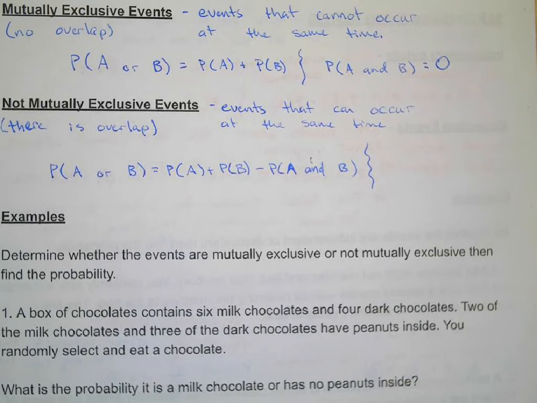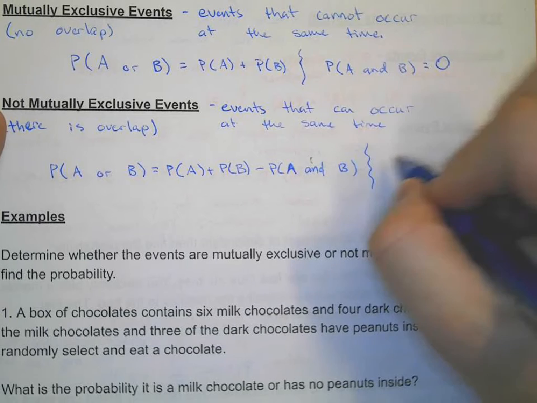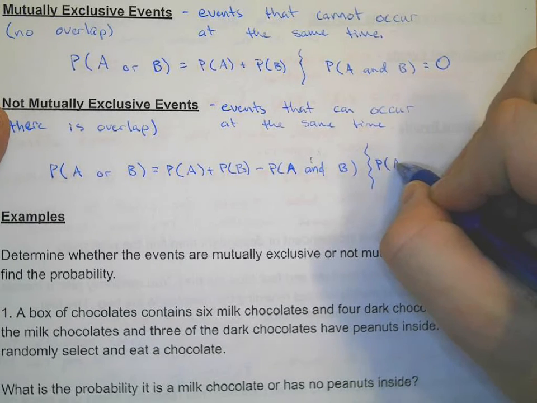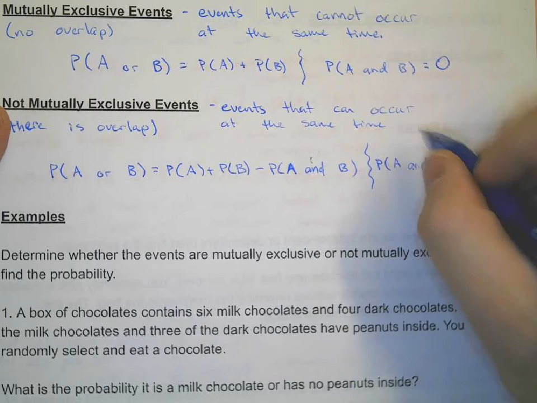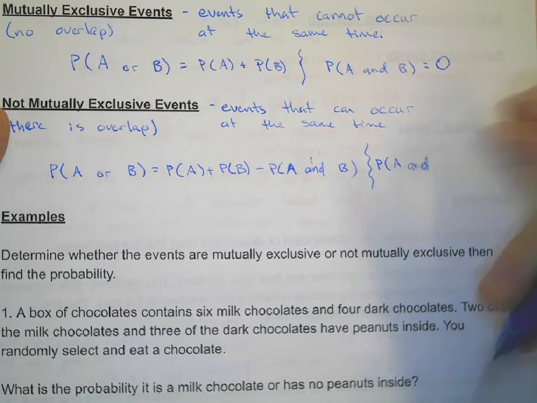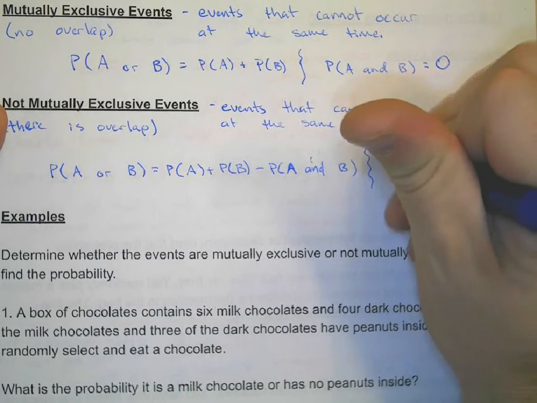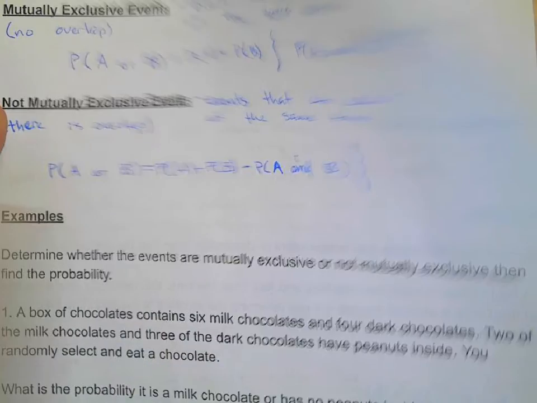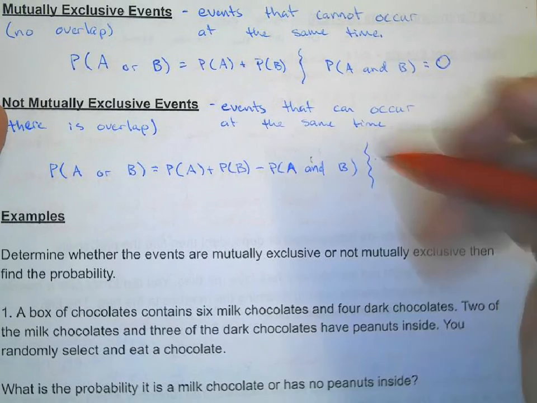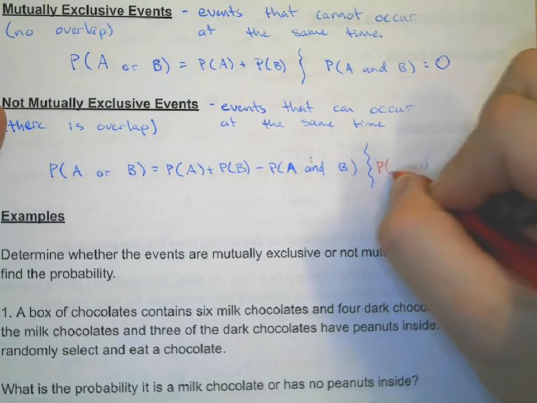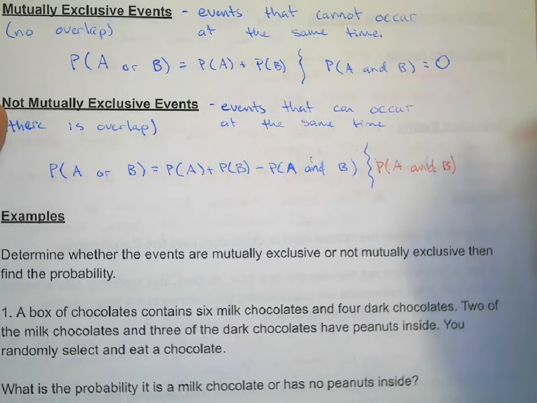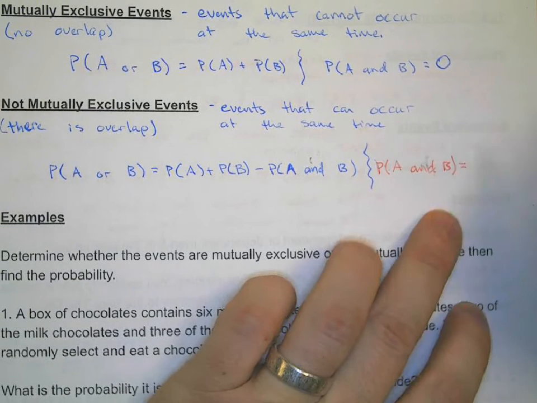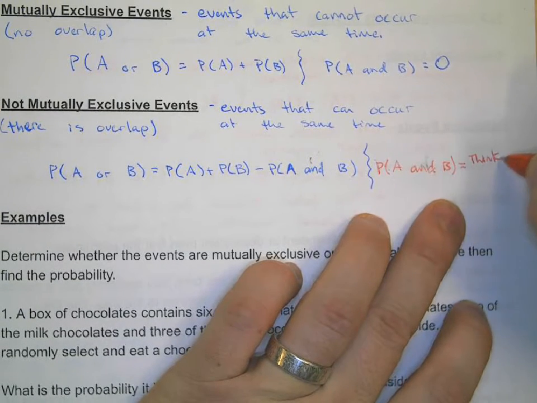And when we're talking about not mutually exclusive events with an and statement, it's kind of like our two-way table probability, where we're looking at the single events. So we just have to identify that probability, and this is more like a thinking skill.